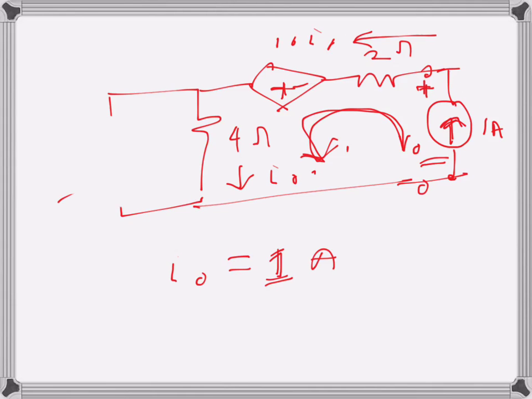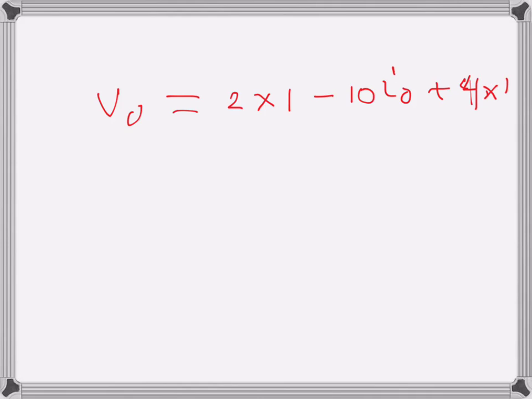That's 10 I naught because this is the current dependent voltage source there, and this is 4 times 1, so that is 6, so minus 4 volts there.